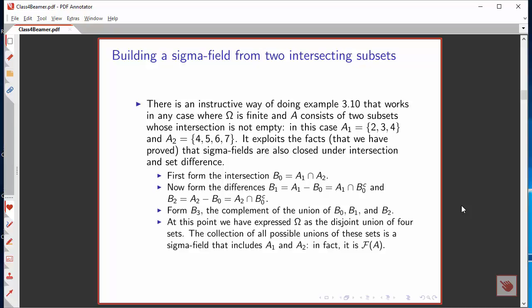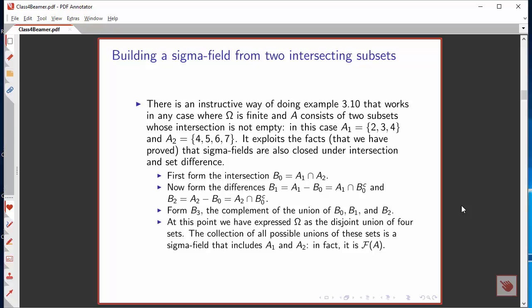We still have to ask which elements of the sample space are still not included in any of our sets, and those will form B3. That's the complement of the union of the 3 sets we've already got, B0, B1, and B2. And in this case, it will include 1, 8, 9, and 10. What have we done?